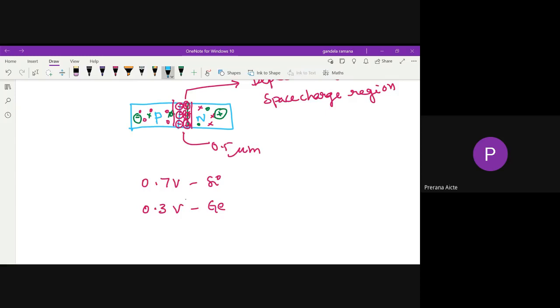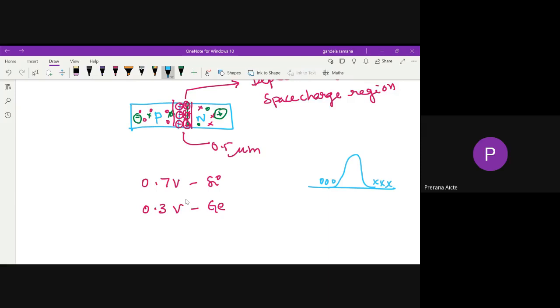So what happened when the depletion region was formed? This is the depletion region. Here holes are there, here electrons are there. It opposes the flow of holes and electrons. So we want to suppress this height. That is given by the built-in potential.